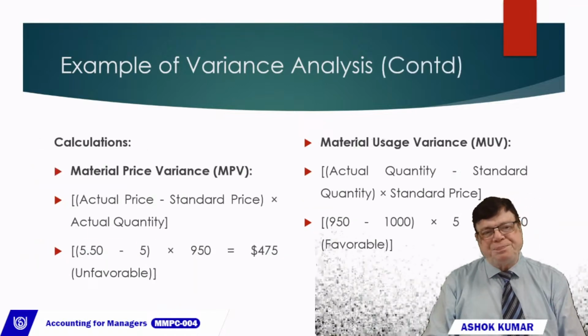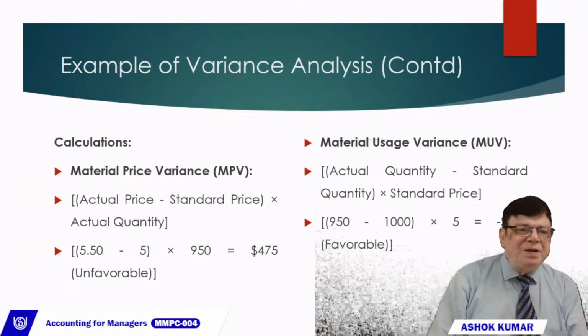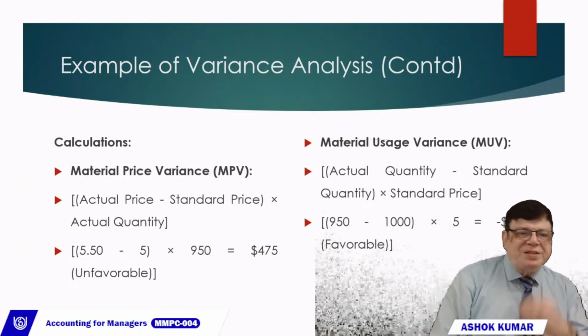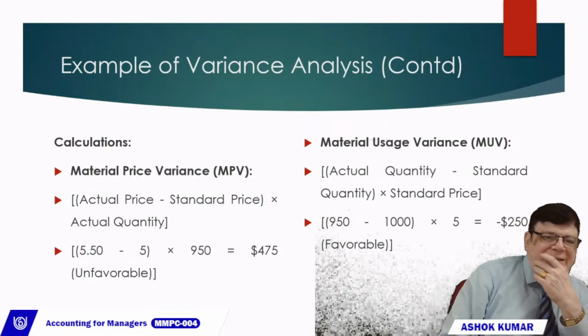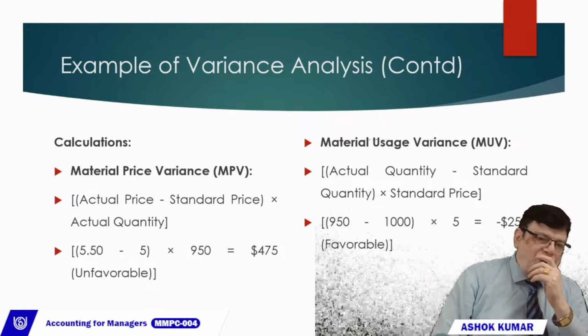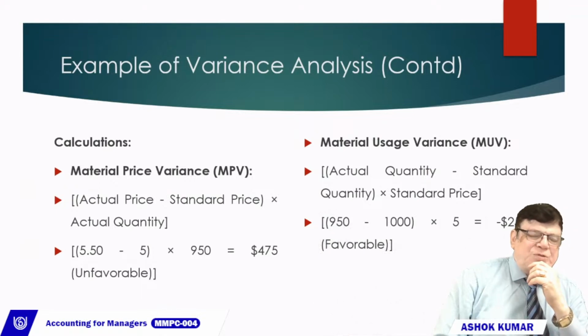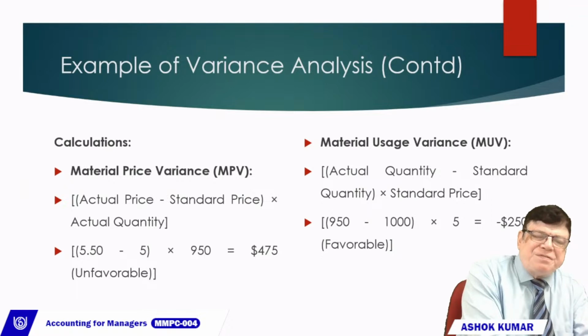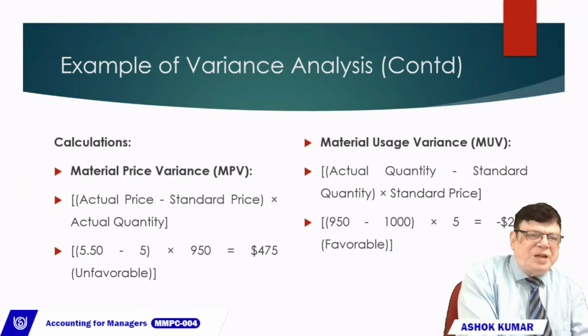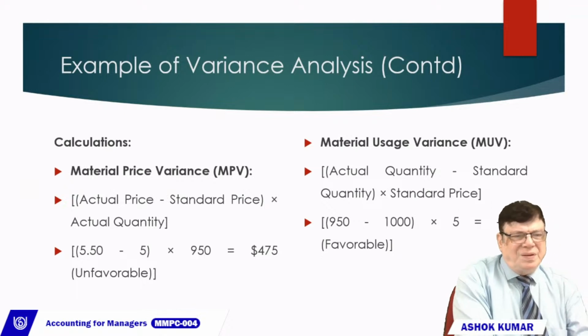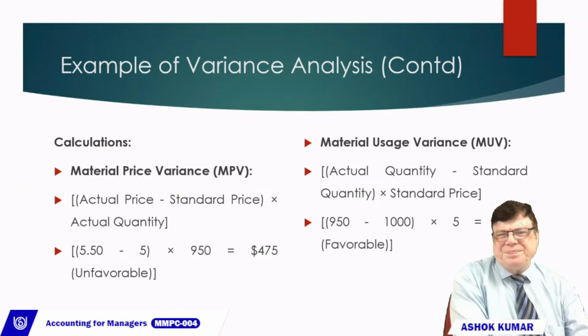Now, material price variance: actual price minus standard price into actual quantity. Actual price is 5.5 minus 5, the standard price, into units 950. It is $475. It is unfavorable.